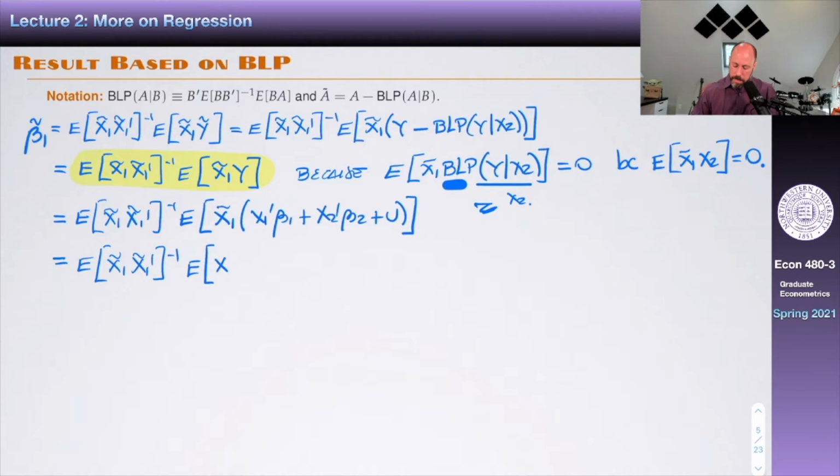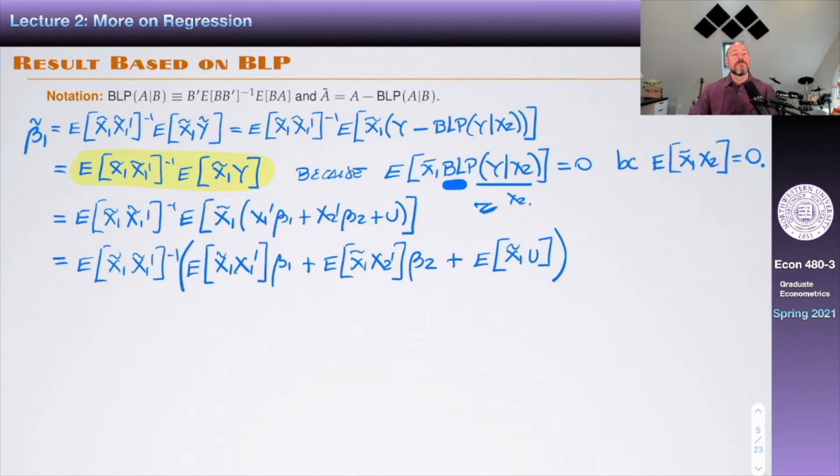Just going to be x tilde 1 x1 prime beta 1 plus expected value of x tilde 1 x2 prime beta 2 plus expected value of x tilde 1 u. So we just replace y and then work out the terms.